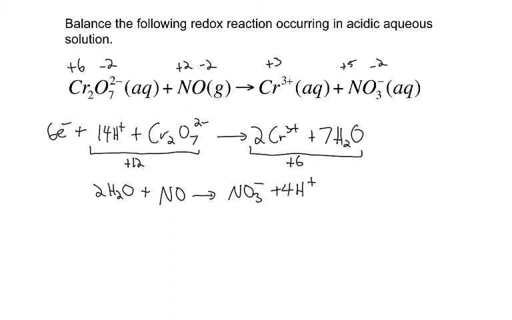And now I'll balance the charges by adding electrons. So my total charge on the reactant side, they're both neutral, so I have 0. On the product side, I have +4 -1. So that's going to leave me with +3. So I need to add 3 electrons onto the product side. All right, my next step is going to be to add these 2 half reactions together, and I'm going to do that on the next slide.